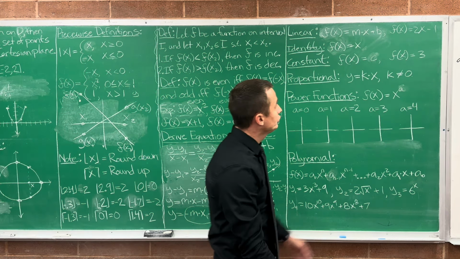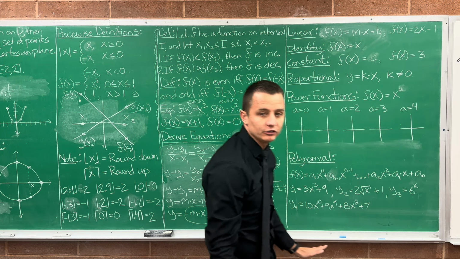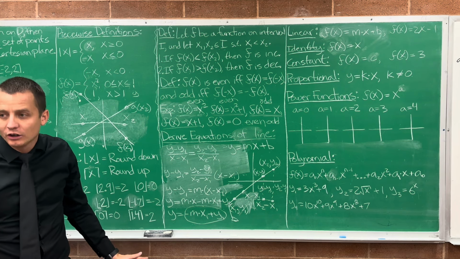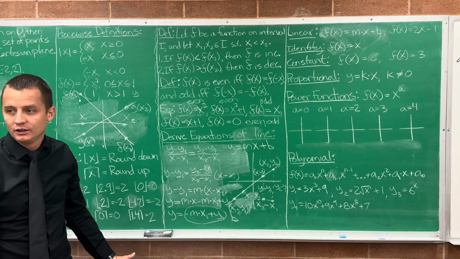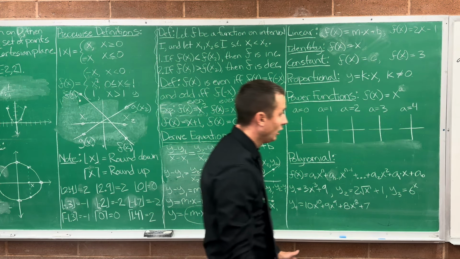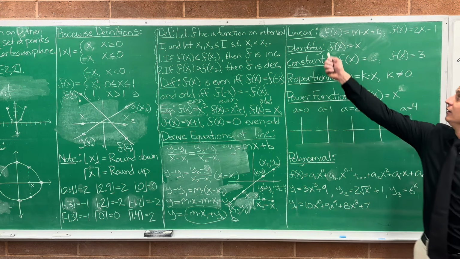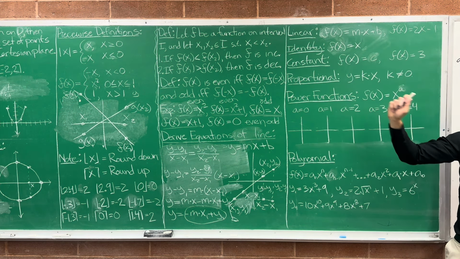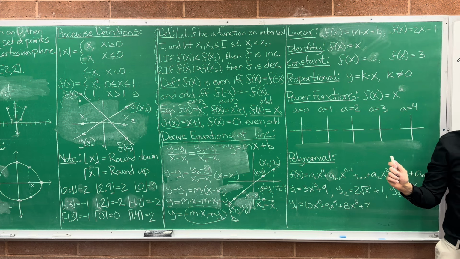Now, for functions that represent lines, we call them linear functions, linear equations. Equations whose graphs are lines. Straight. A line. So, if you can write it of the form mx plus b, where m and b are constants, it's a linear equation.